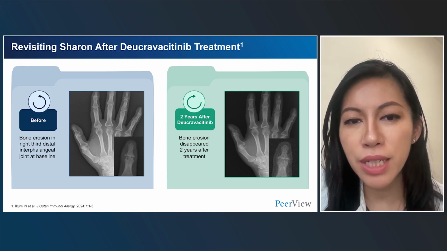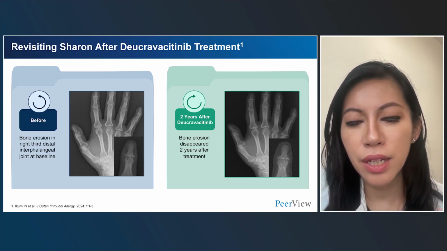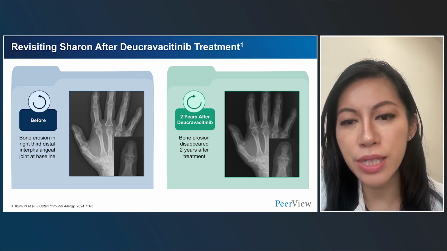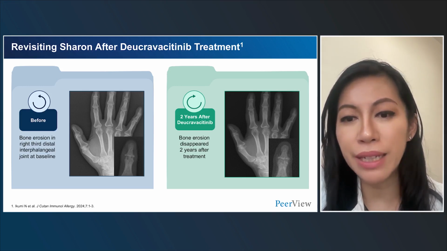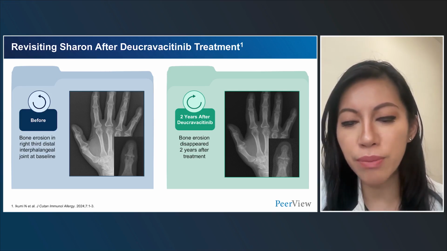And when the imaging occurred again in this patient, what we saw is not only a halting of the progression of joint disease, but also by imaging, this patient also had bone erosions no longer being there. Now, I would say bone erosions disappearing are probably overall, regardless of treatment, a less frequent event.